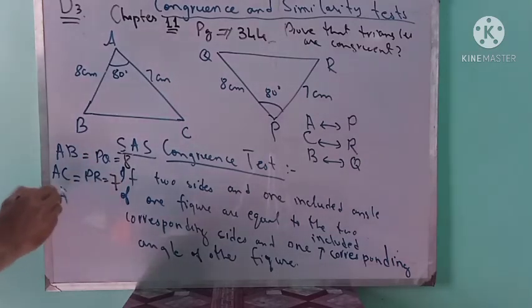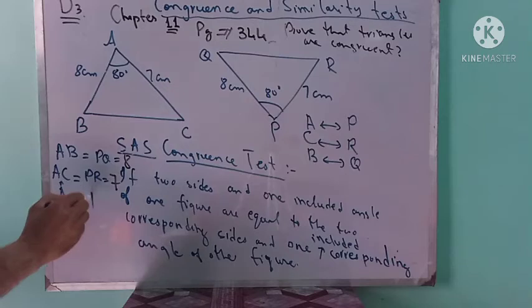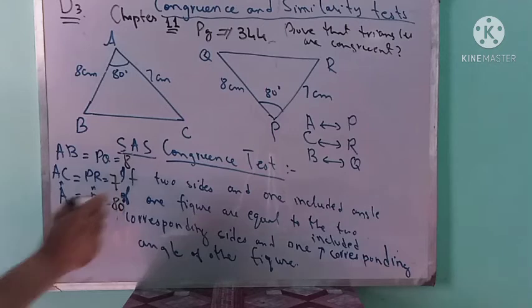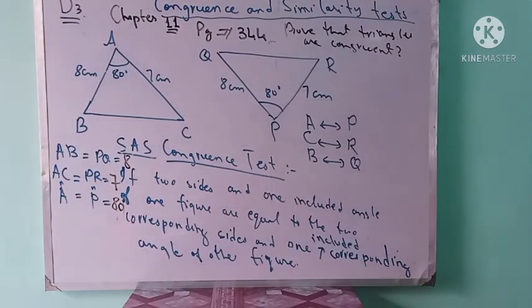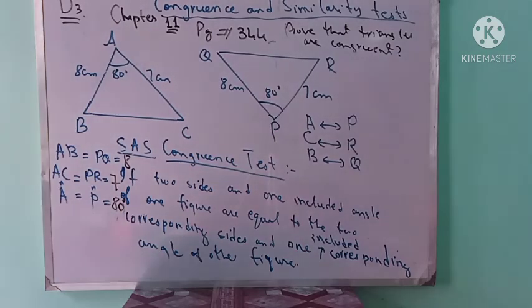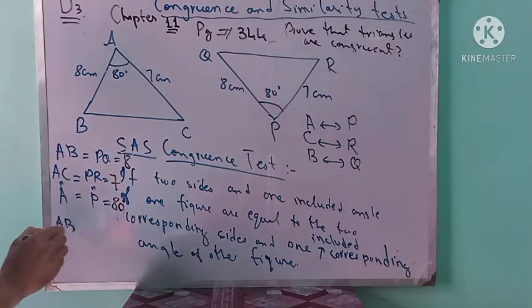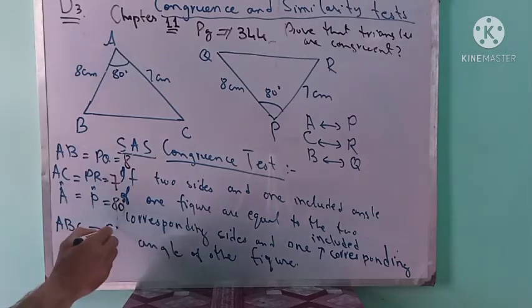And angle A is equal to angle P is equal to 80 degrees. So it means these two triangles are congruent triangles. ABC is congruent to PQR, and the test is SAS.